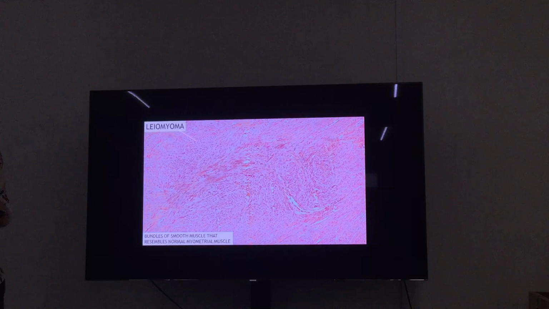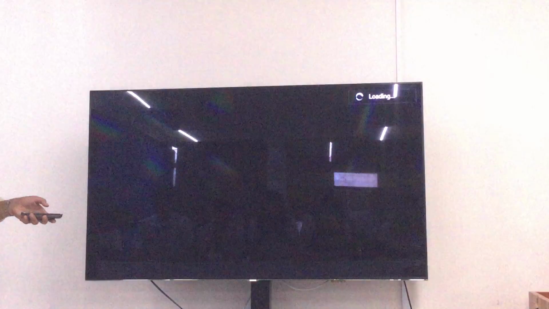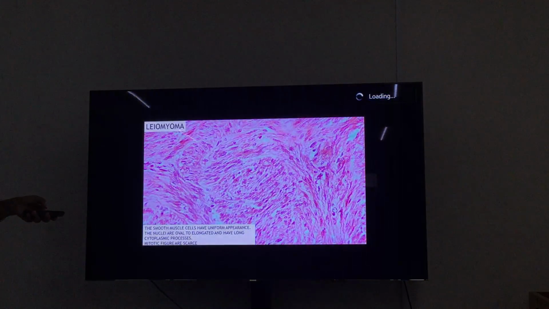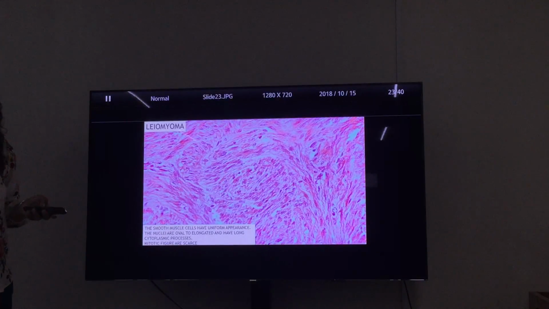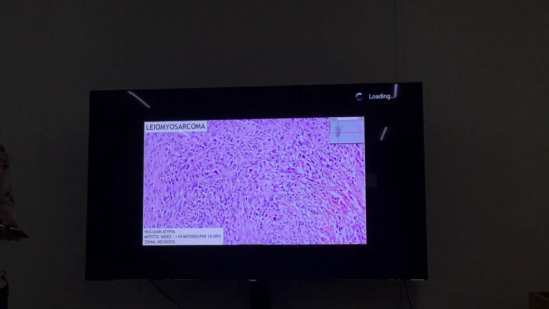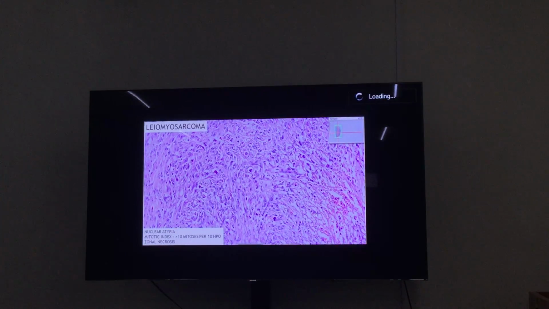Mitotic figures are rare in leiomyoma, unlike leiomyosarcoma. In this closer view, the cells and nuclei are uniform in appearance. The malignant counterpart of leiomyoma is leiomyosarcoma.